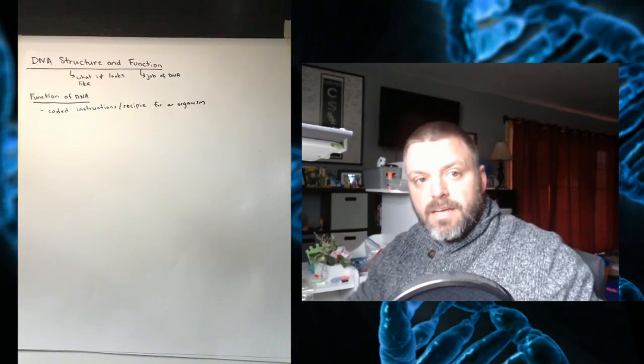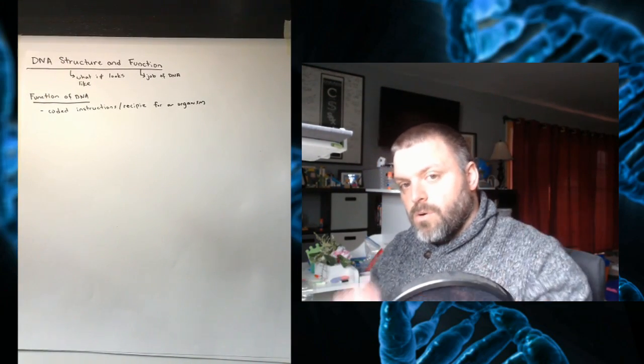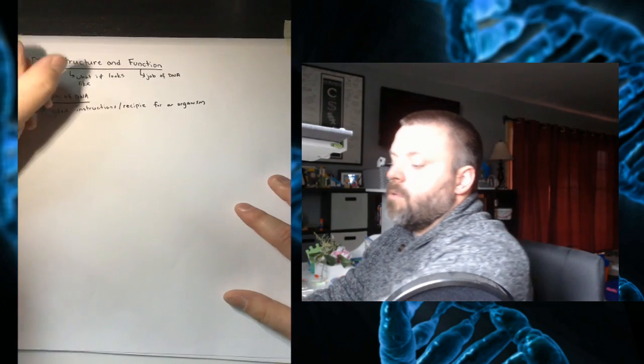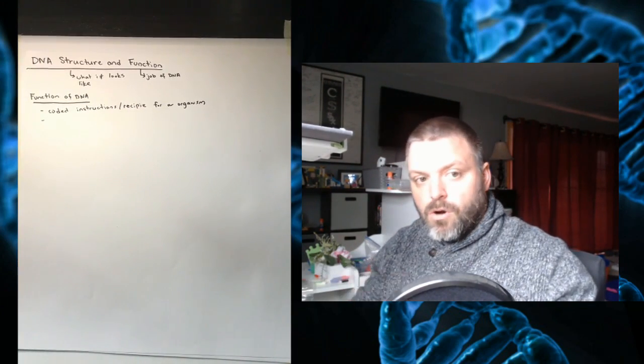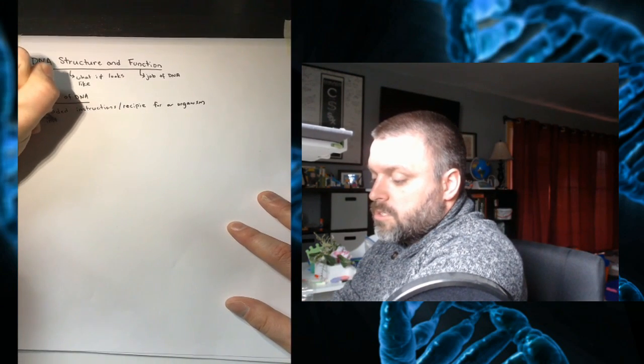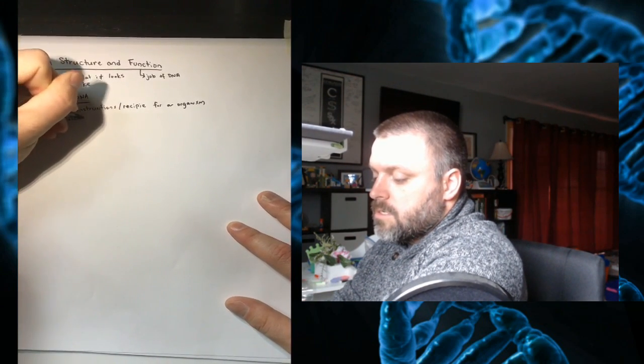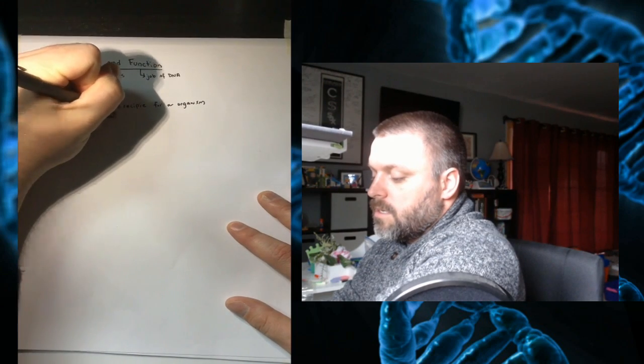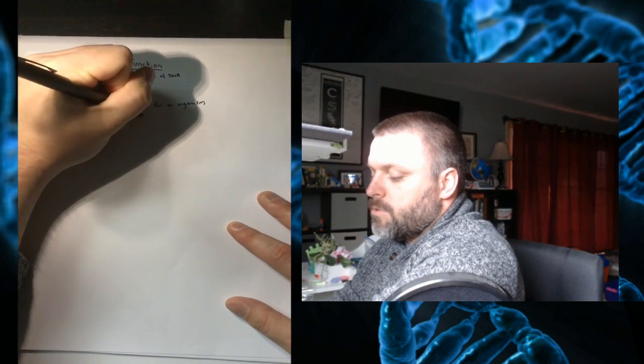And how does it contain the code for that? How does the code in DNA make the organism? Well, it actually is not the code for the whole organism itself, but more specifically the instructions to make protein.